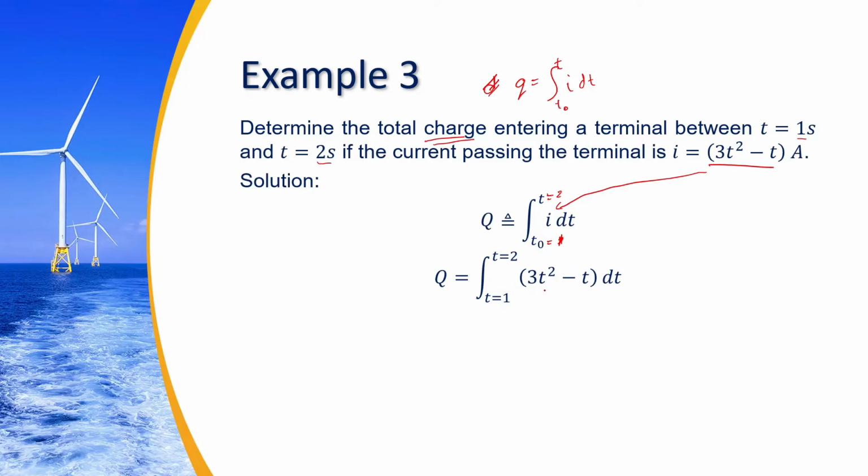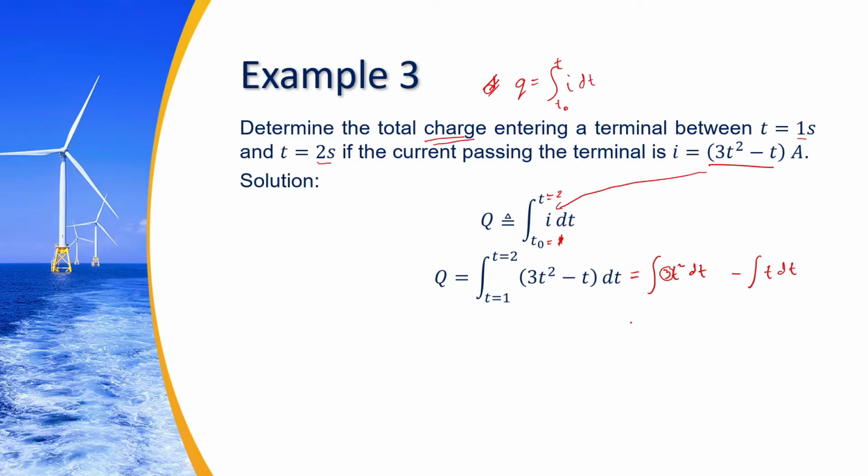So, kapag minanual natin, substitute natin, and then i-integral yung bawat part niyan kasi dalawa siya. Tama? So, mangyayari, integral ng 3t squared dt minus integral ng t dt. Okay?